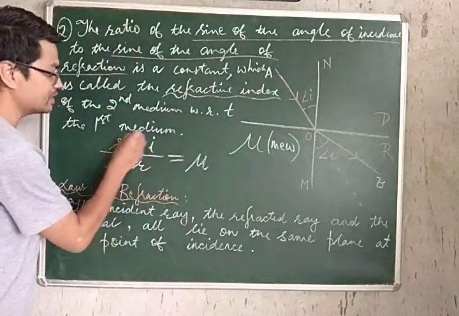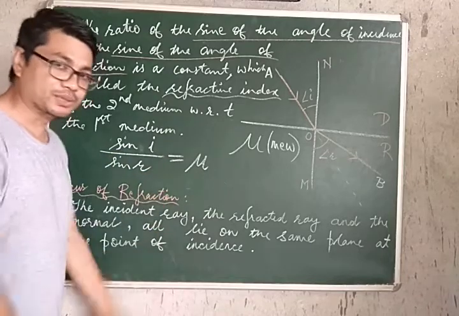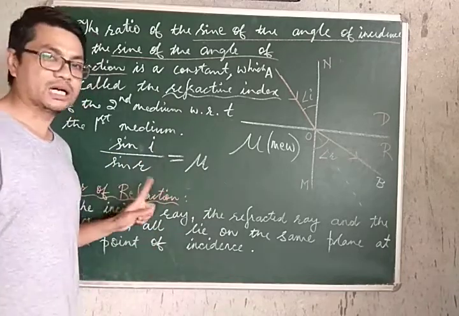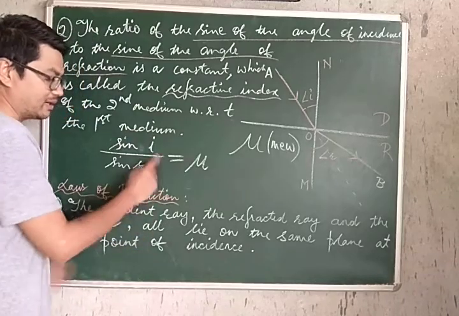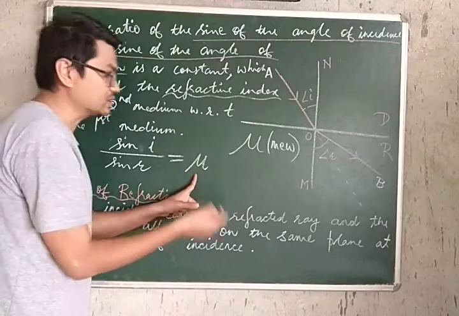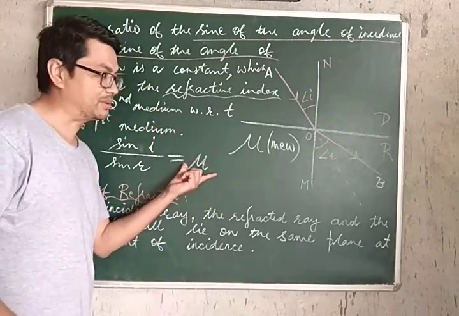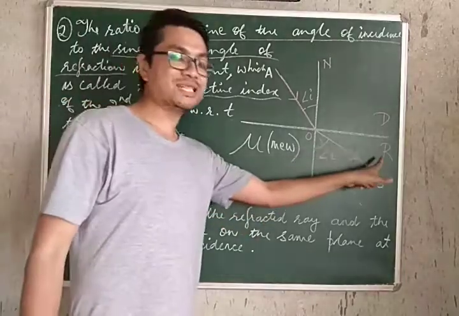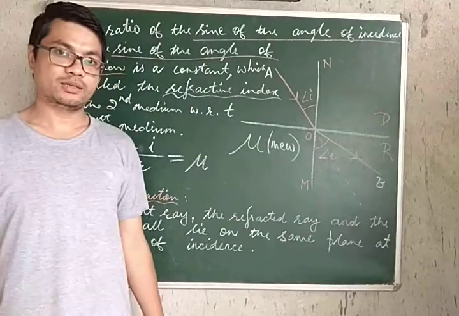So here in the numerator we are going to get a number. In the denominator also we are going to get some number depending on the value of I and R, of course. So that number divided by another number is going to give you a number, which is a constant. And that constant, remember, is called refractive index of the second medium with respect to the first. Alright?